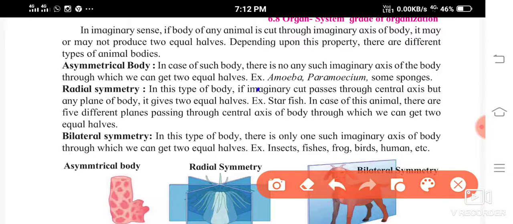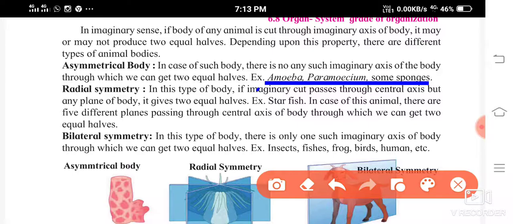Then amoeba, paramecium, some sponges and all, in these organisms you are not going to get two equal halves. Then radial symmetry: in this type of body, if an imaginary cut passes through the central axis, then any plane of the body gives two equal halves.